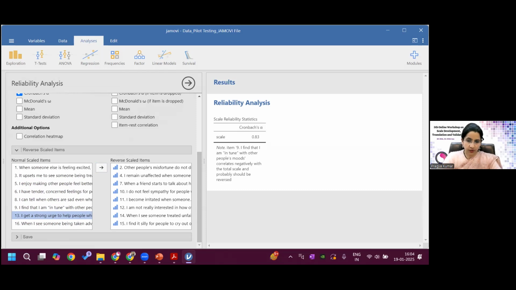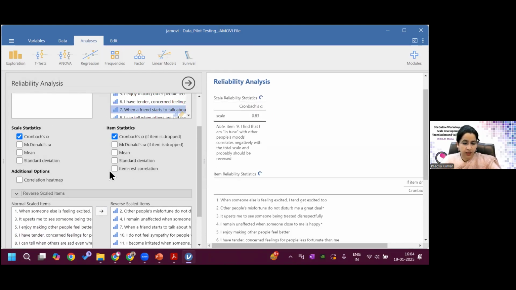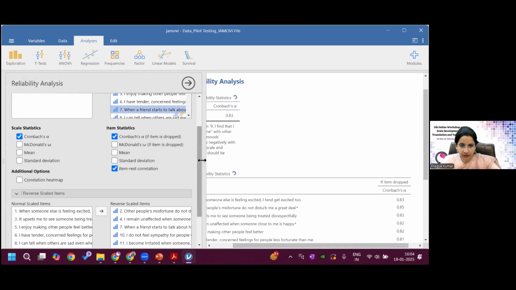And here also you can see this is 0.8. So if you have to see this Cronbach alpha if item dropped and item rest correlation, the same analysis you can find here also.